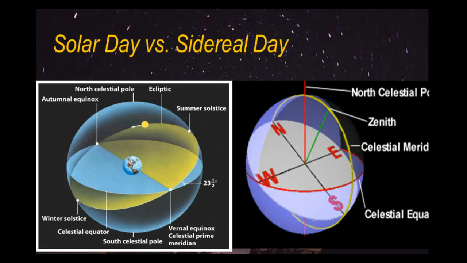So it takes 23 hours, 56 minutes for the Earth to rotate on its axis. However, it needs to move 1 degree further in order to move from its start at the celestial equator back to the beginning. Now this extra 1 degree of travel takes an additional 4 minutes each day. So get that in your notes.